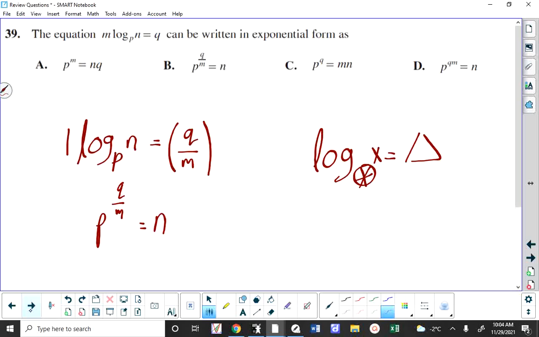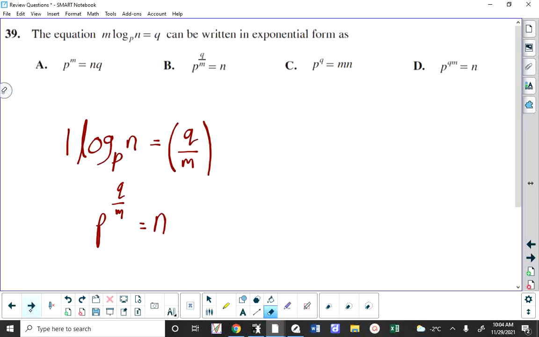Be careful, though, because dividing both sides by m is not the only way to get a 1 in front of that logarithm.